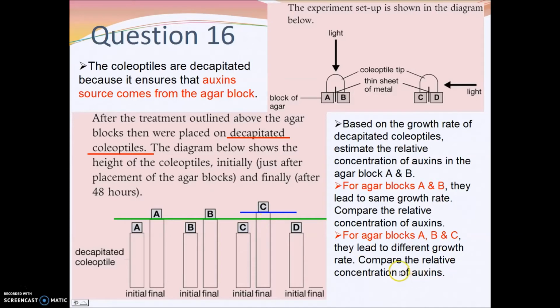So if we compare the relative concentration of the auxin, we should know that agar block C contains a higher concentration of auxin.